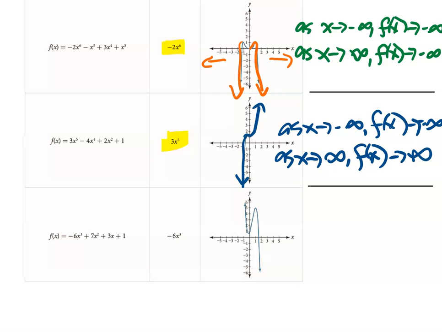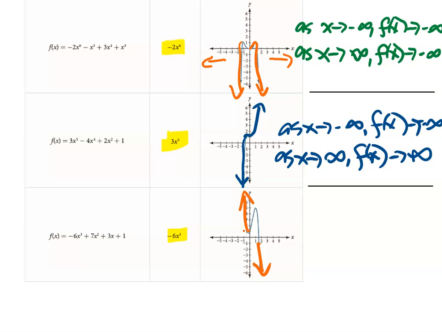And the last one, negative 6x cubed plus 7x squared plus 3x plus 1, the leading term is negative 6x cubed. The highest power is 3. And look at this graph. These are the two end behaviors. It goes up, meaning to positive infinity, and goes down to negative infinity.